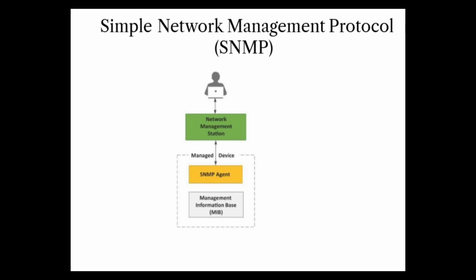Inside the greenhouse, there is an SNMP agent, who is a worker, and a MIB, a giant filing cabinet full of papers. To check the temperature, the worker has to go to the cabinet, find the right paper, and read it back to the manager. This is how the network management station is working.